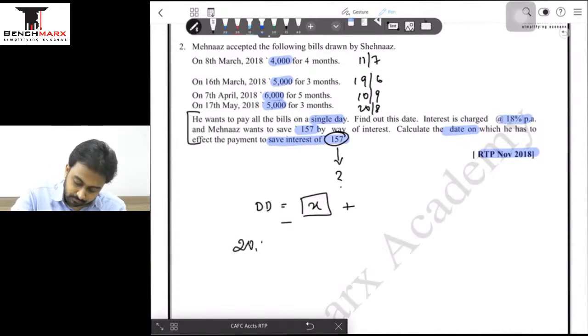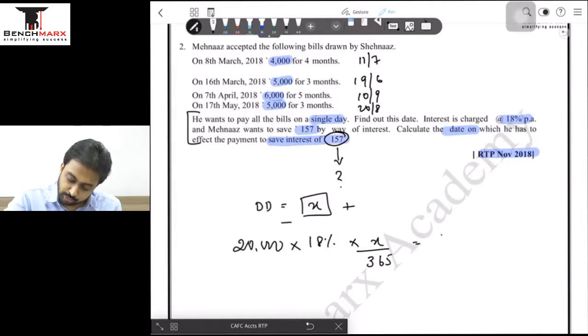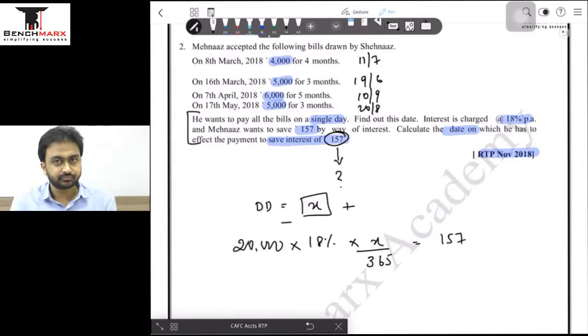20,000 into 18% into some number of days upon 365 has to be equal to 157. 157 is the interest. There will be some number of days such that if it is preponed by that many days, this amount will come. Normally we find 157 and the days are given. Now it is the reverse. If they have given the answer itself, there has to be some number of days which satisfies this equation.